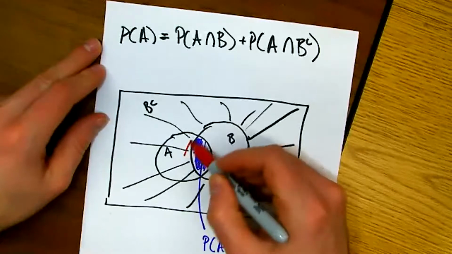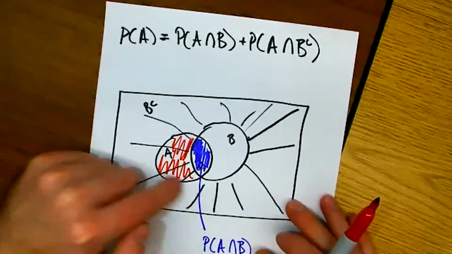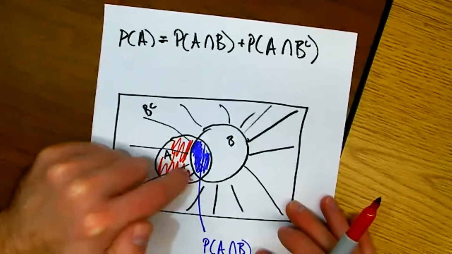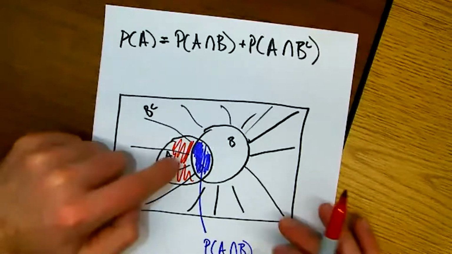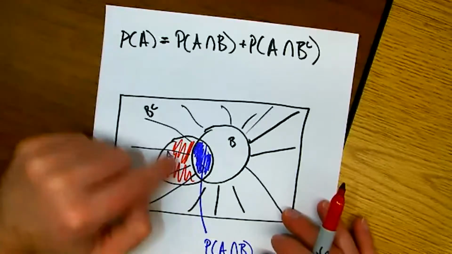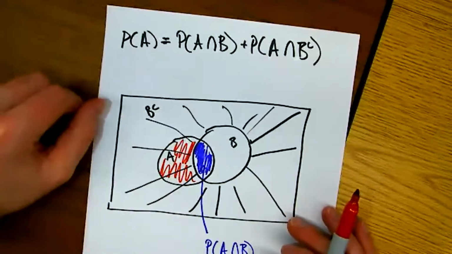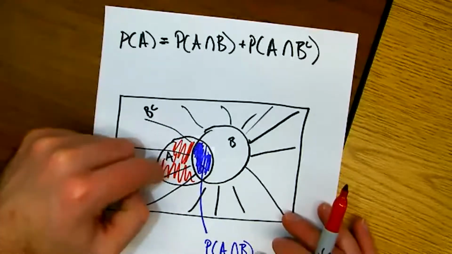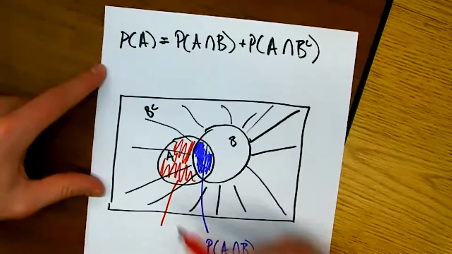Okay, so let's return to the other area of circle A. Notice this area of circle A is every outcome that's in A but not in B, right? Or it's in A, and it's also in B complement. That shaded area represents B complement. So where B complement intersects with circle A is just this red area.